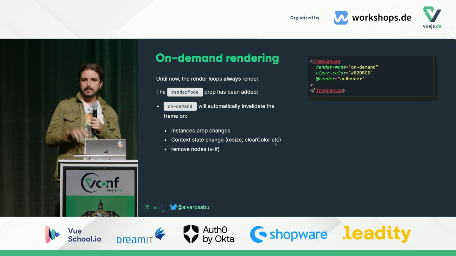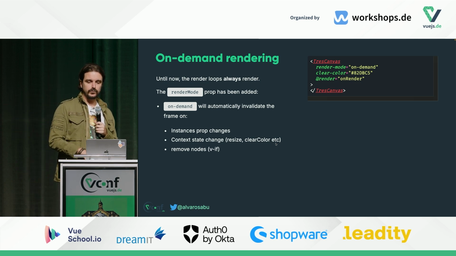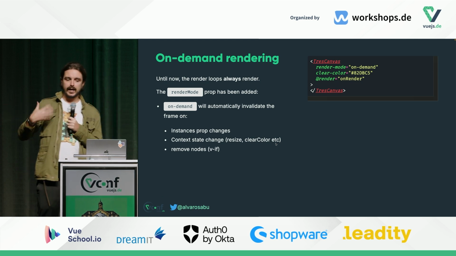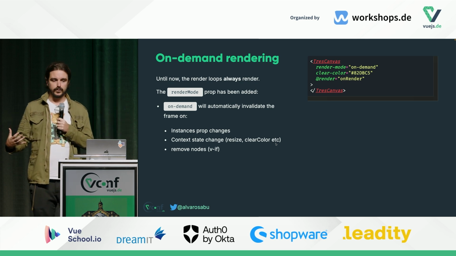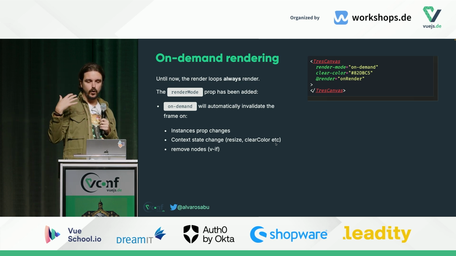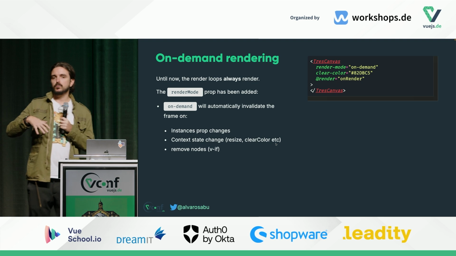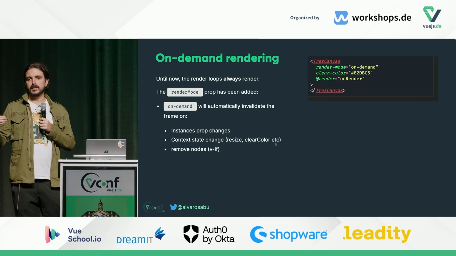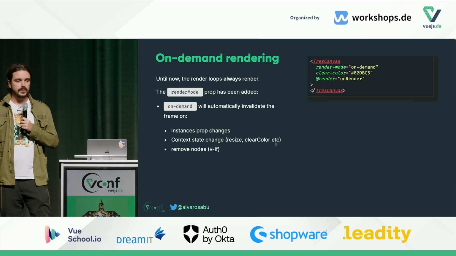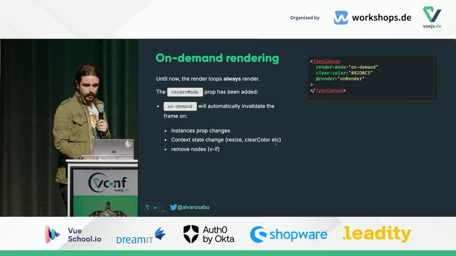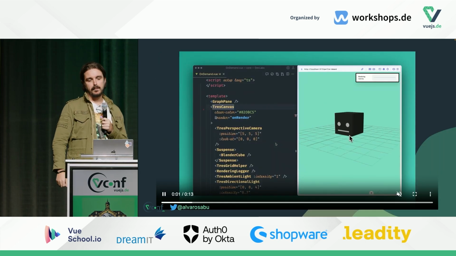So on-demand rendering, really quick. When you have the TresCanvas, which is the canvas component that draws everything, now you can tell it not to render whenever there is no need for it. If you pass a prop called render-mode on-demand, by default it will render all the time. But if you set on-demand, it's only going to render when it needs to. So when there is an update on the scene or one of the props changes, it's going to apply the render.